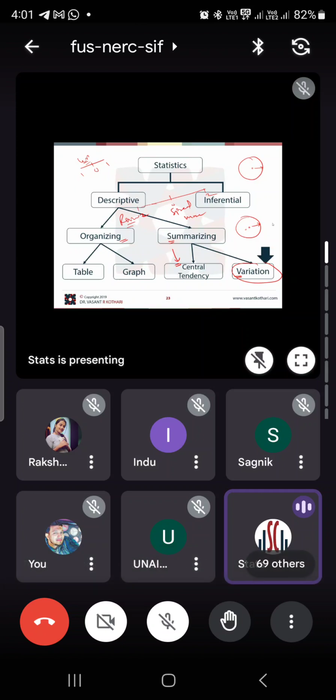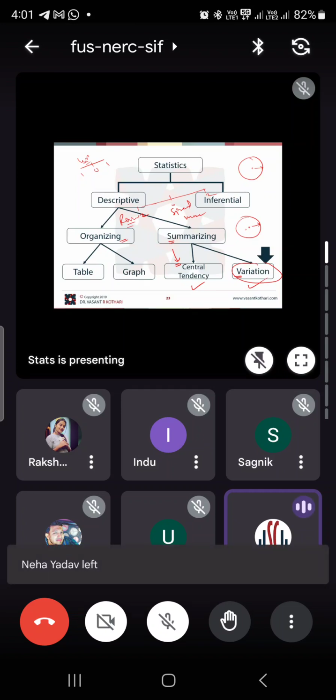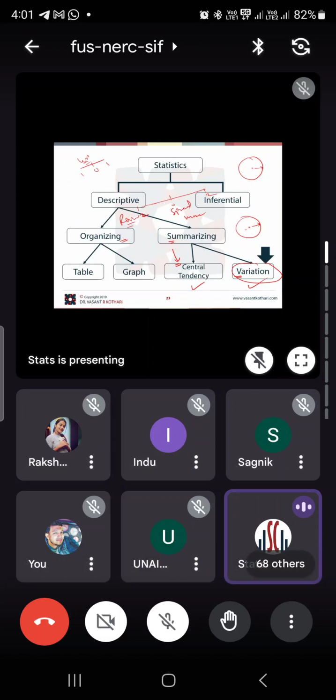T-test, ANOVA, Spearman, correlation, chi-square, whatever you are doing in statistic, whichever numerical you are doing, you are doing only two things: find the central tendency, find the variation. That's it. In entire statistic, you are not doing anything else apart from central tendency and variation.